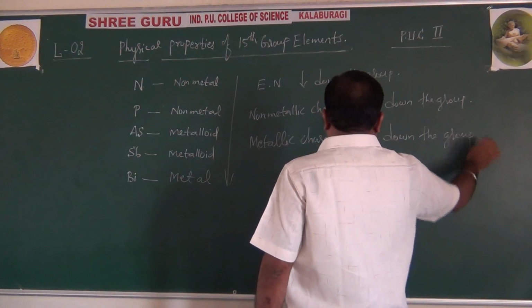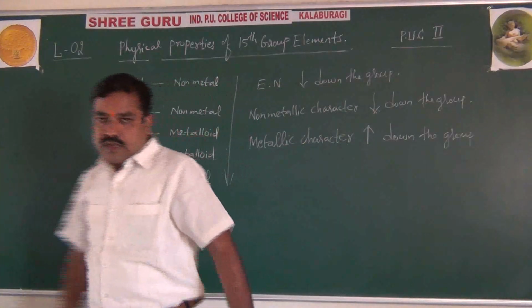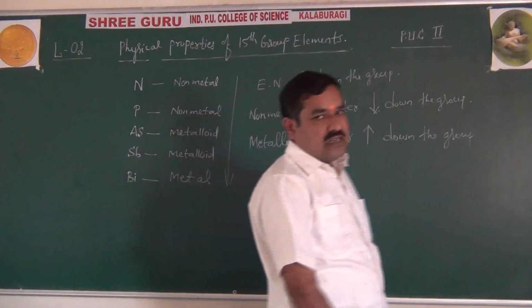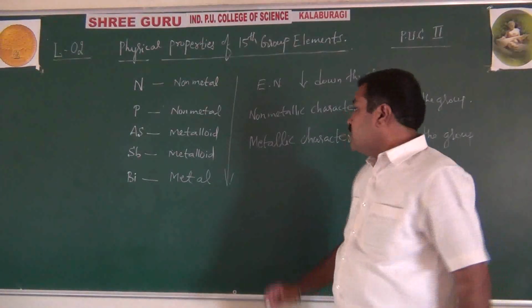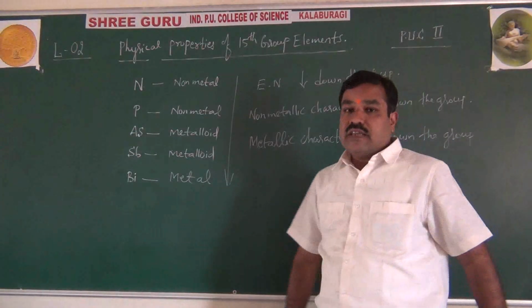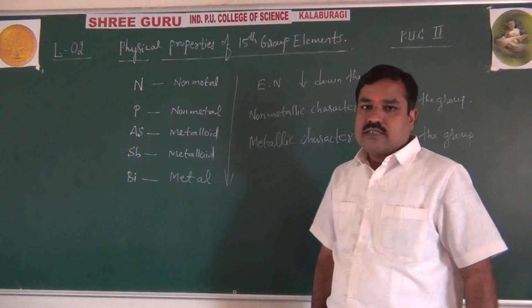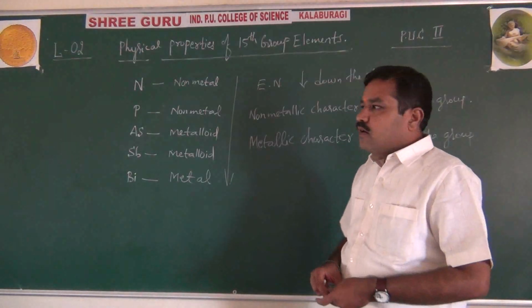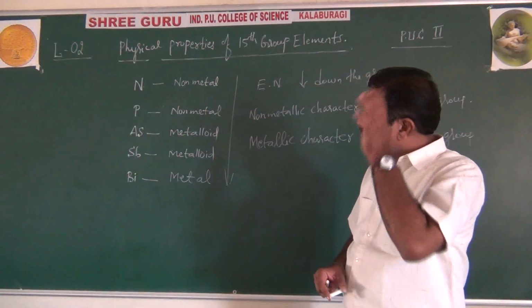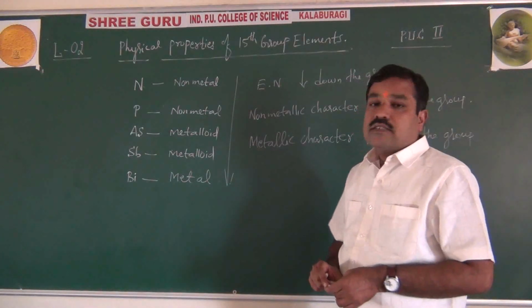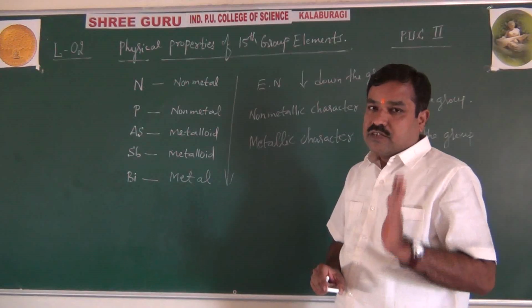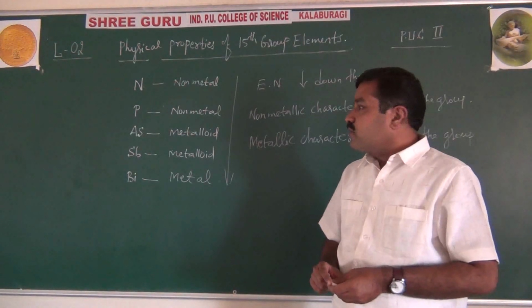Remember. Basic character also increases. Right? Please remember non-metals are acidic in nature, metalloids are amphoteric in nature whereas metals are basic in nature. This point is to be noted.